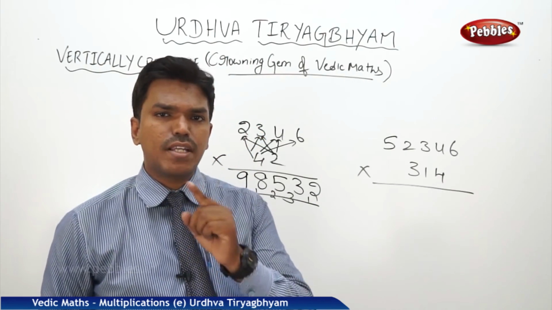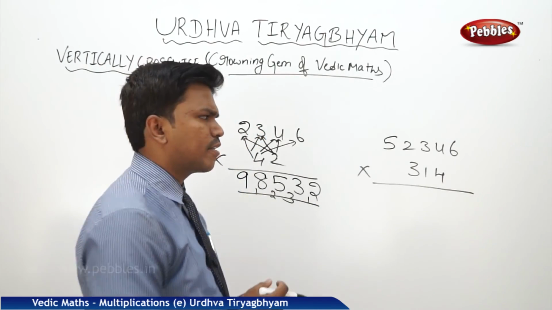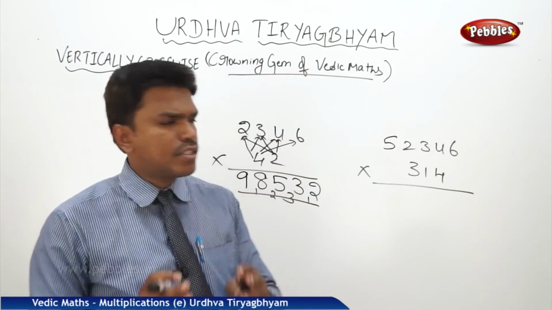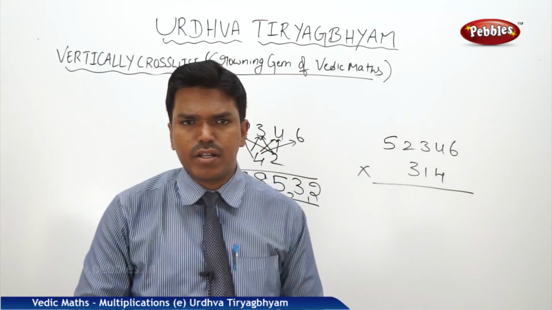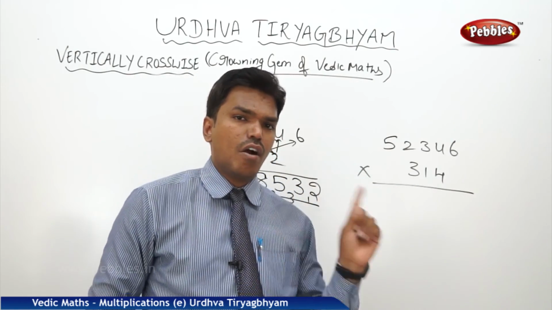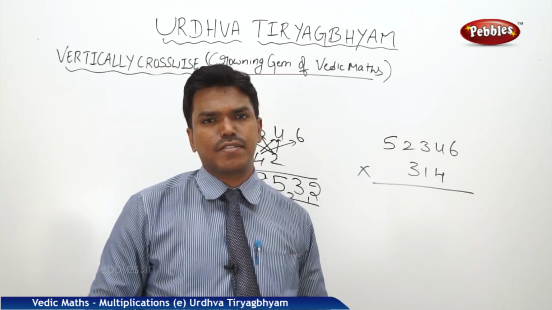I want to get the answer within a single line. Now you do one thing, just put the video on pause and go for this problem. Then after solving the problem you can cross check the answer.